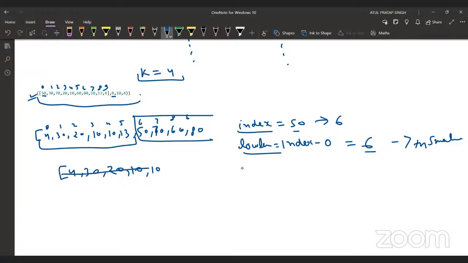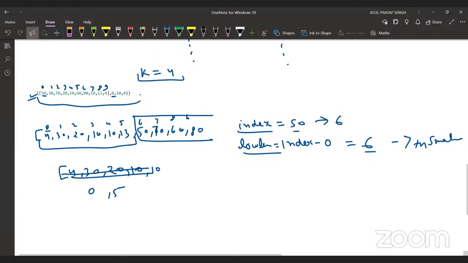So list will remain the same, and we will pass the first index as 0, because this index will remain the same, and the upper index we will change. Now this will become lower len minus 1, that means 5. That means we are performing the quick select algorithm on that part only.